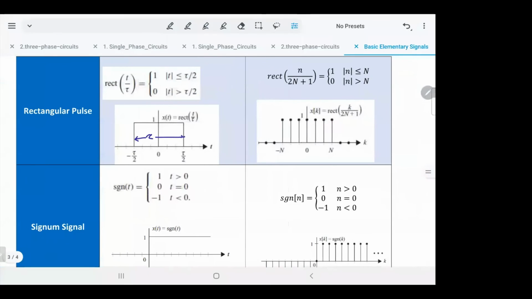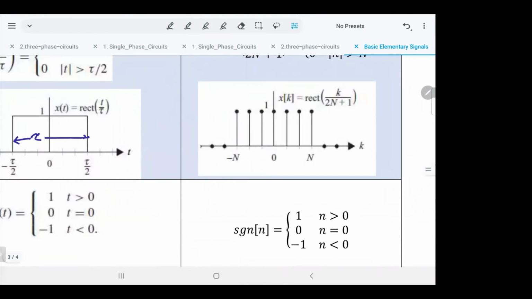Do you have a rectangular pulse in a discrete time system? Yes, we do. It will be the same thing, but from negative n to n. So what is the width? We talked about that before. The width will be 2n plus 1. If you remember, because there is 1 at 0, we count it: negative n to n will be 2n, and then 1 in the middle at 0.